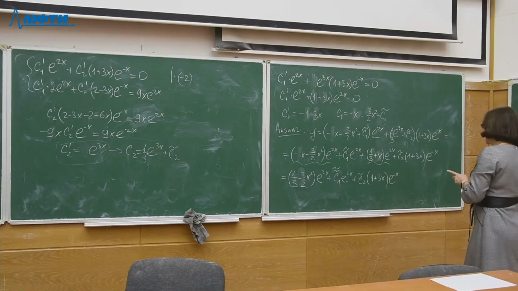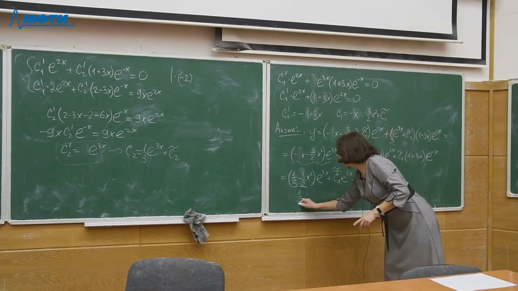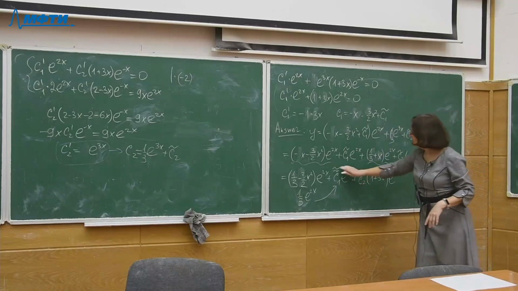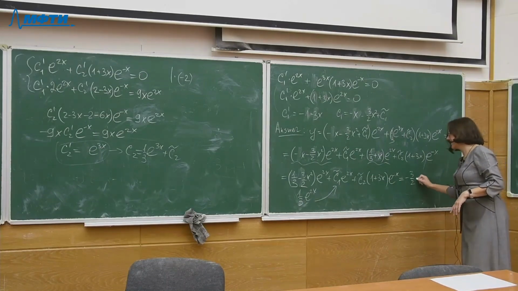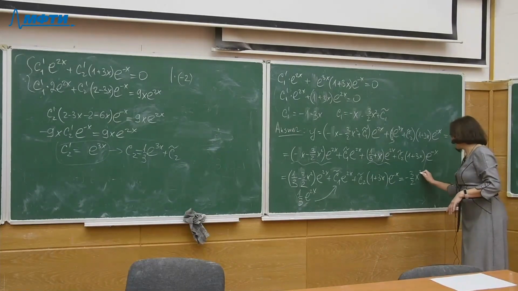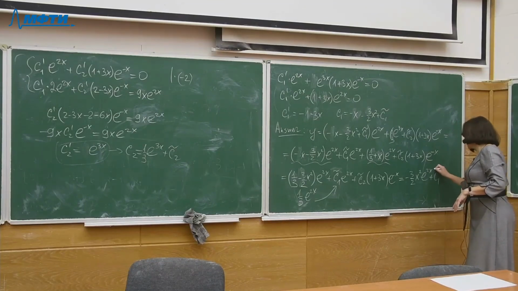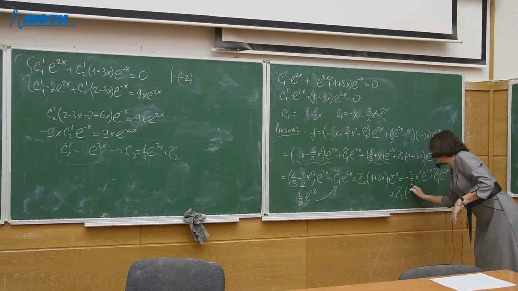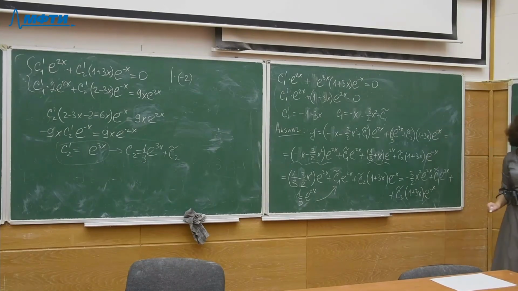Okay, and now it is correct, right? Because 1/3 e to 2x can be moved here, right? And so it is the same as minus 3/2 x squared e to 2x plus C1 tilde e to 2x plus C2 tilde (1 plus 3x) e to negative x. So now it is correct.